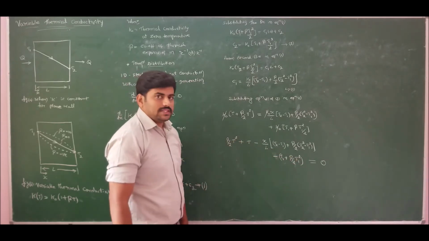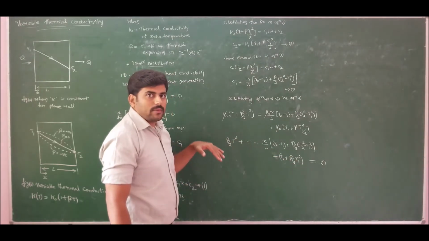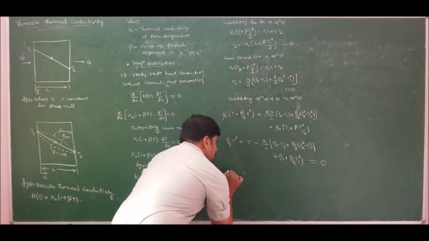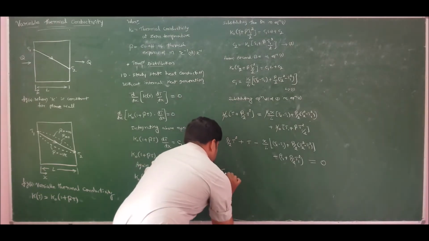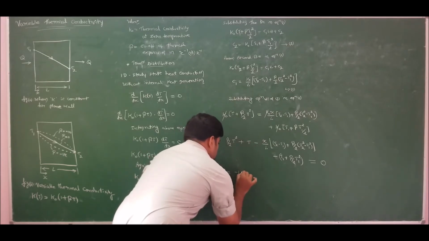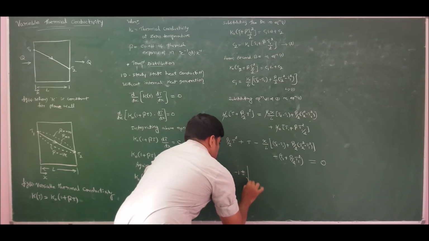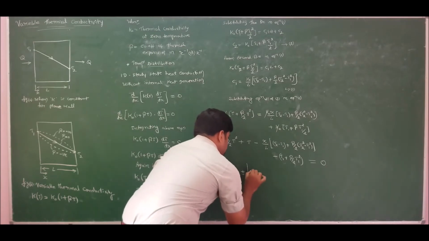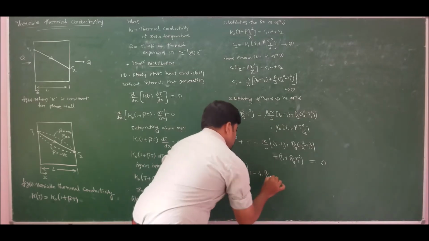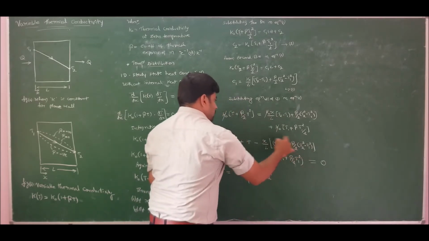Therefore the roots of this equation are minus b plus or minus square root of b square minus 4ac by 2a. So hence, using the roots equation for a quadratic equation, temperature distribution T is equal to minus b. B value is 1, so minus 1 plus or minus square root of b square. B square is 1 minus 4 into a. Value of a is beta by 2. 4ac. The value of c is this one.